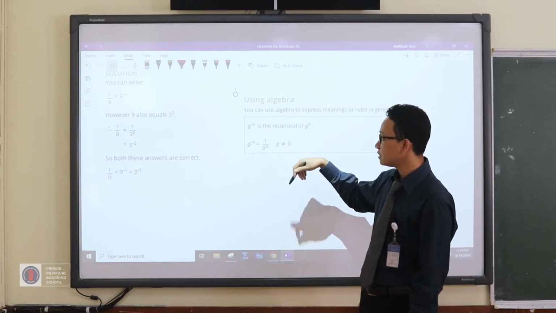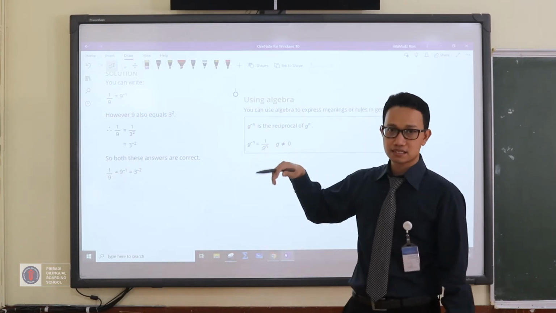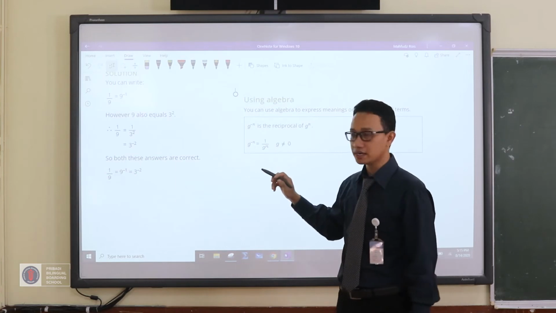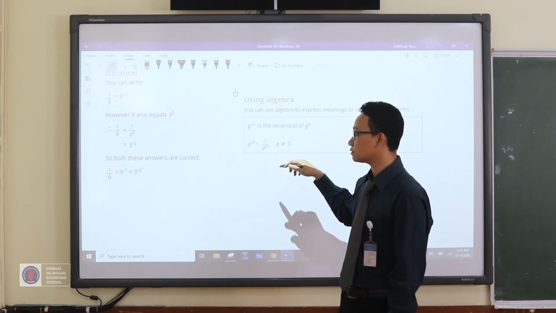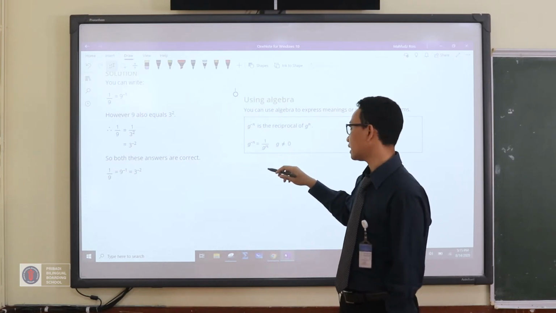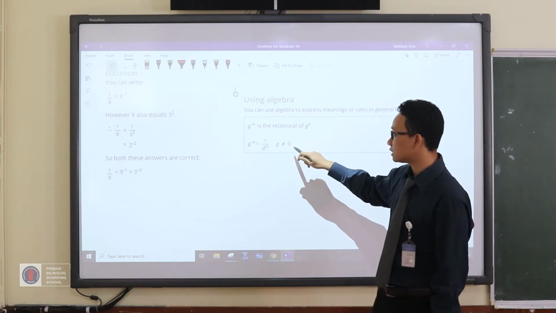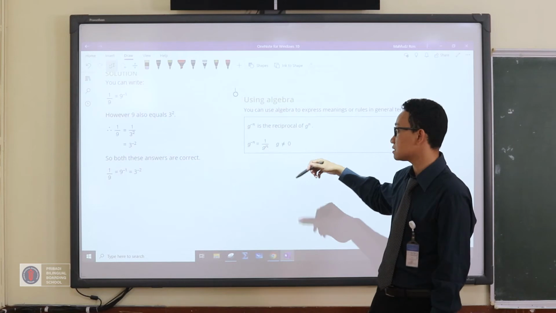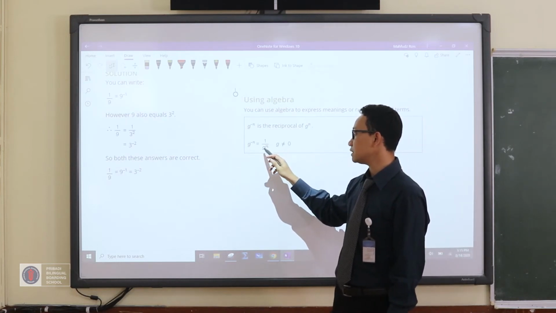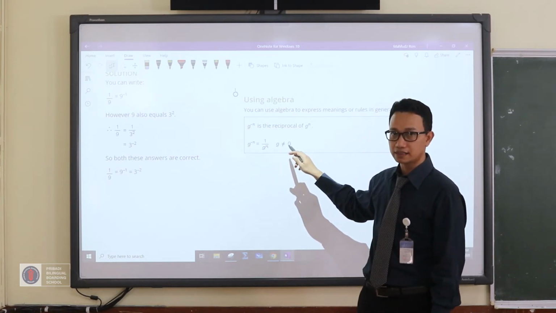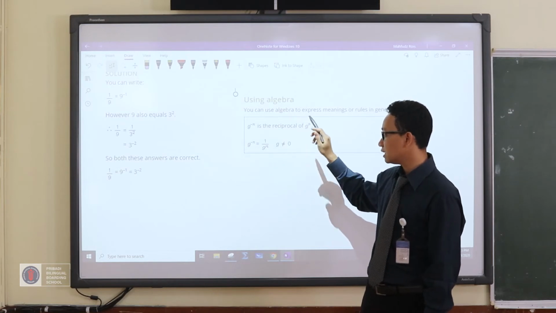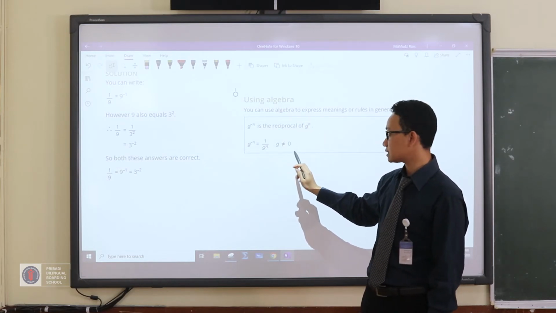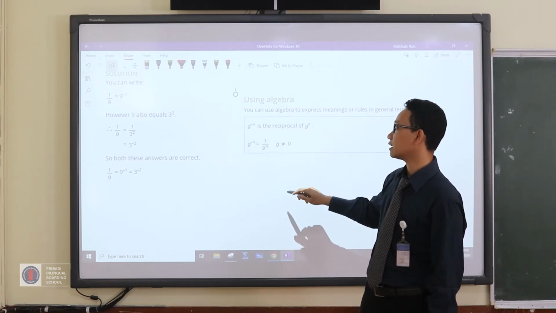For example, g to the minus n power equals 1 over g to the n. Here you need to state that g is not equal to 0. Why? Because if you substitute g with 0, it will be undefined. That's why we need to define it correctly in algebra.